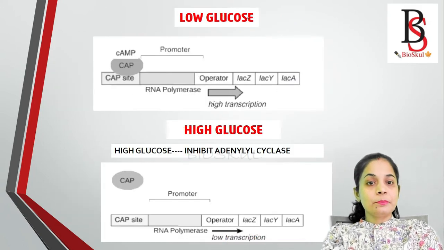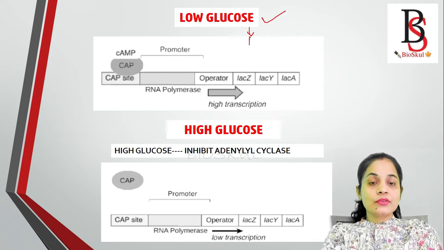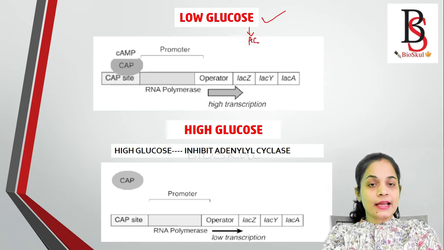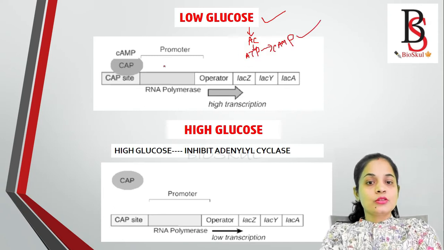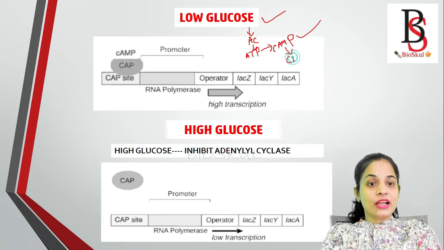Now we'll see in presence of low concentration of glucose. If the glucose is present in low concentration, the enzyme adenylyl cyclase will be active and convert the ATP to cyclic AMP. This cyclic AMP will bind to a protein known as the catabolite activator protein, that is the CAP protein.